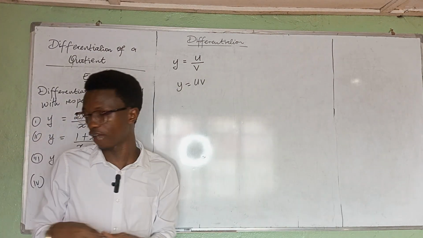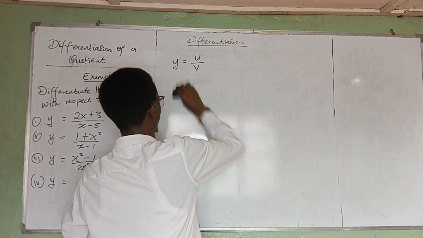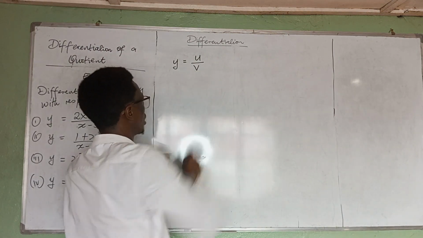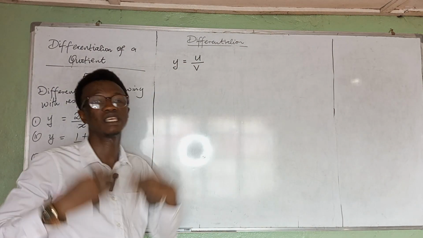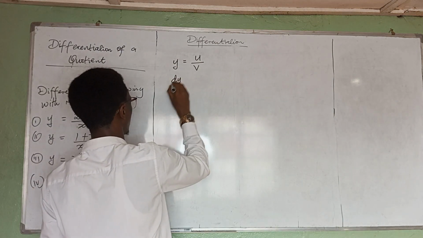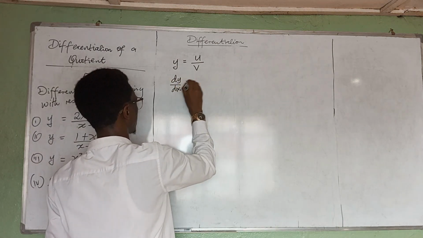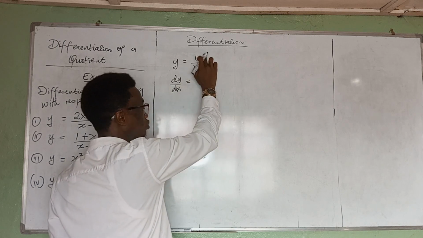And the formula you have to use is basically this. So the formula for you to differentiate, where u and v are functions of, let's say, x. Your dy by dx is now going to be, you hold this one and differentiate this with respect to x.